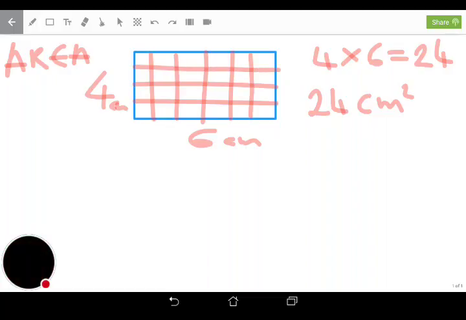If I count how many centimetre squares I have here, I'd have 4, 8, 12, 16, 20, 24. So because you're actually counting squares by timesing, you leave your units of measure as centimetre squared.